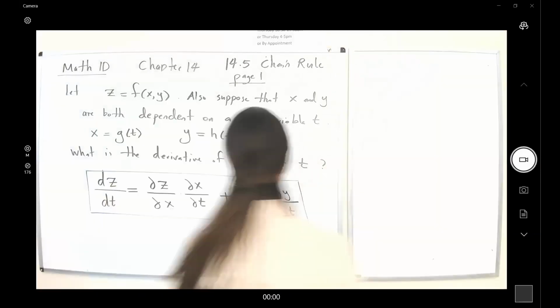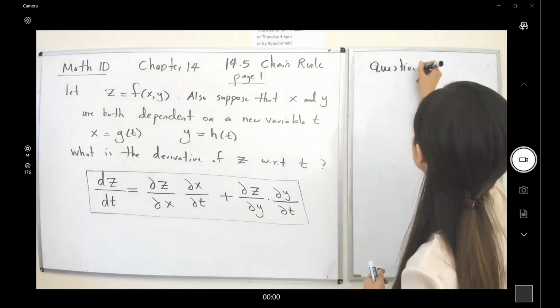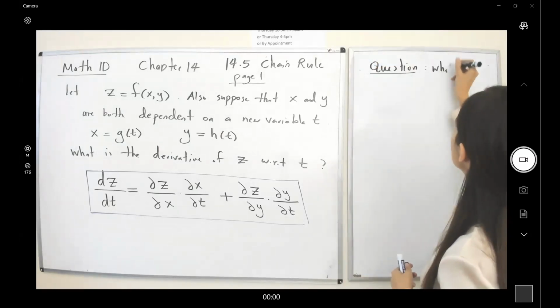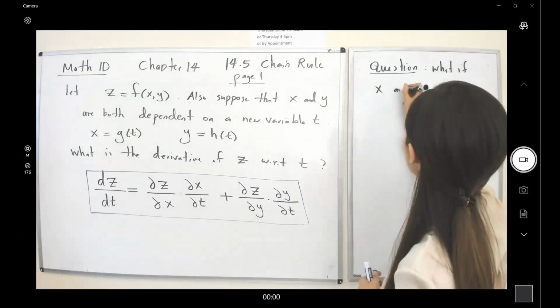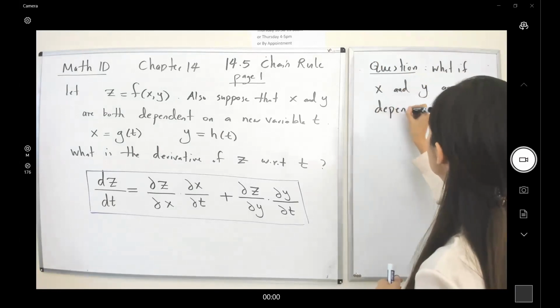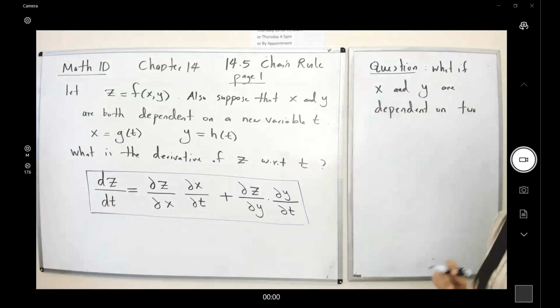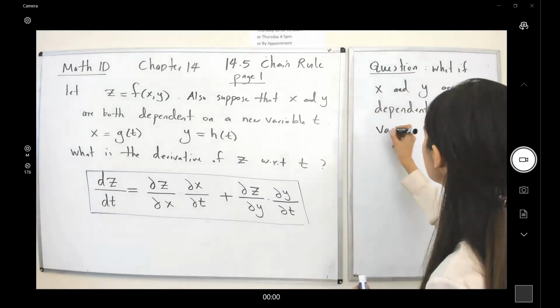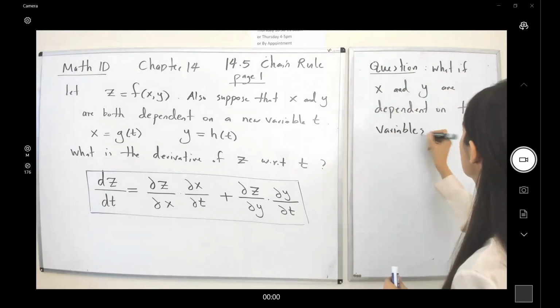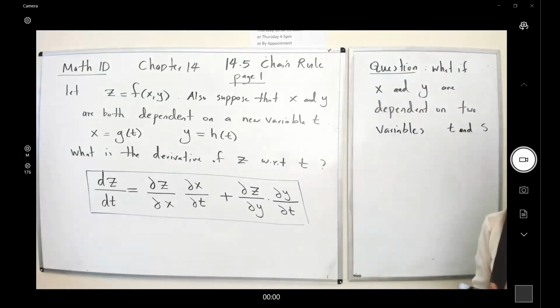So here's another question for you. What if x and y are dependent on two variables instead of just one variable, like t and s? How about that? How do you take the derivative of function z?